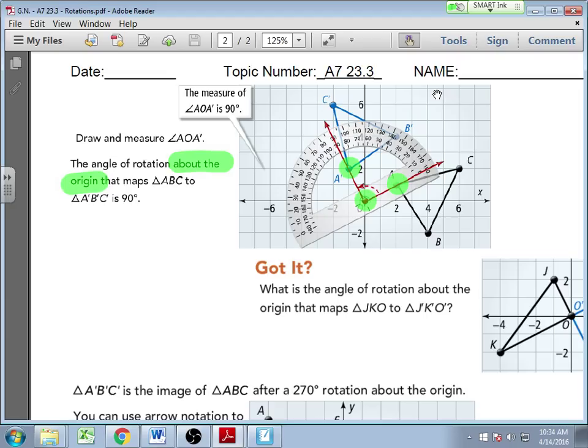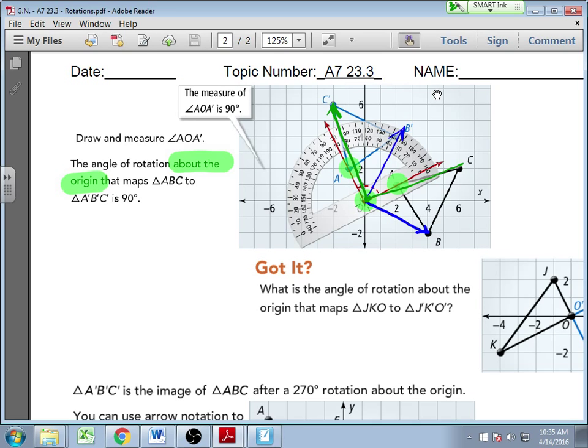Then we would turn the protractor and go to C. That's terrible. Get rid of that. I'm going to go B. It's easier to draw. B to B prime. Does that look like a 90-degree rotation? Let's try C to C prime.